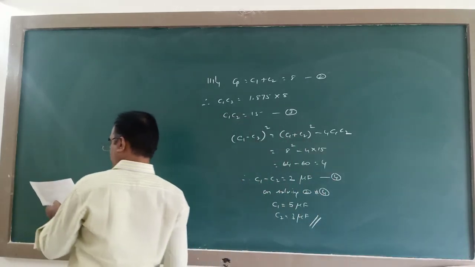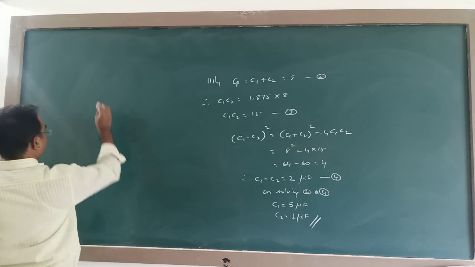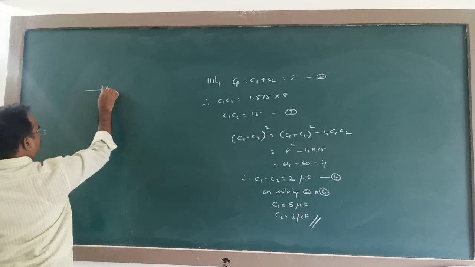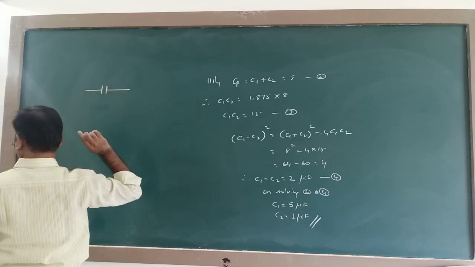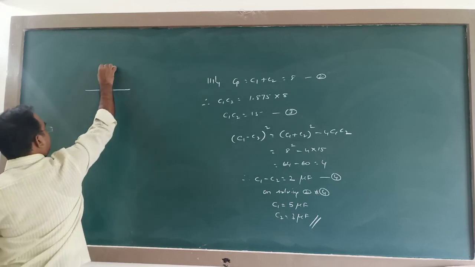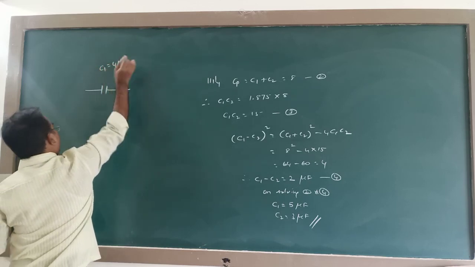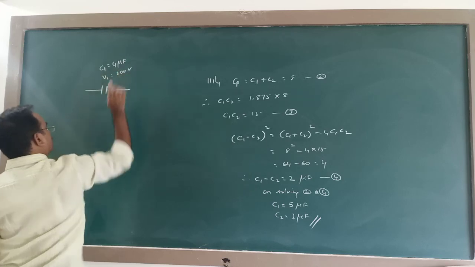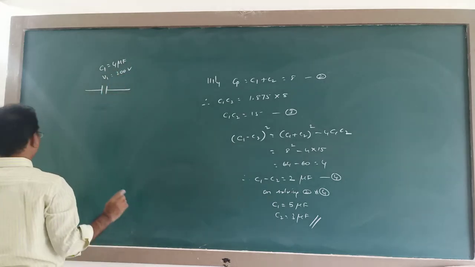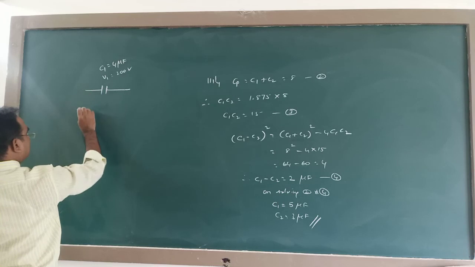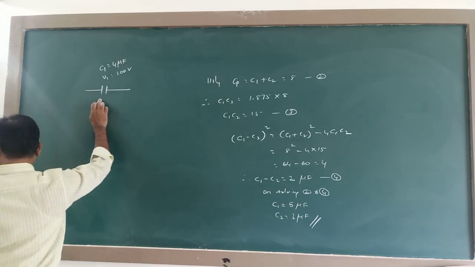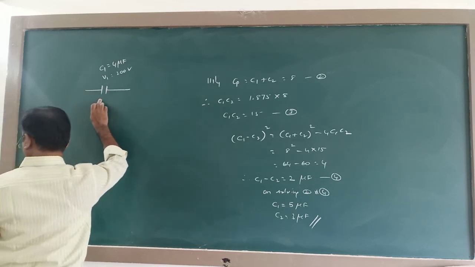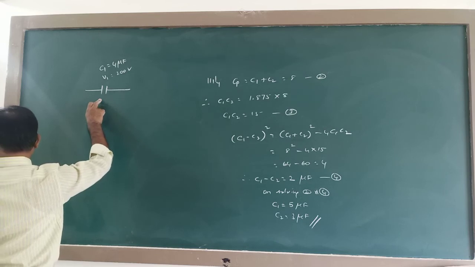Here there are 2 capacitors. A capacitor C1 of 4 microfarad, it is charged to 200 volt. After charging, it is disconnected from the battery and connected to another uncharged 2 microfarad capacitor.